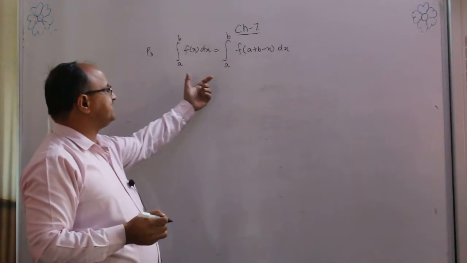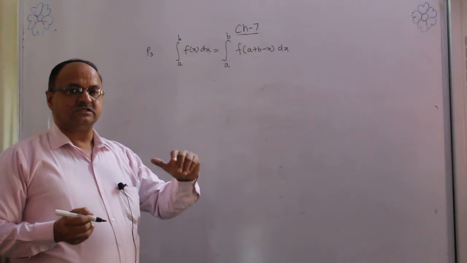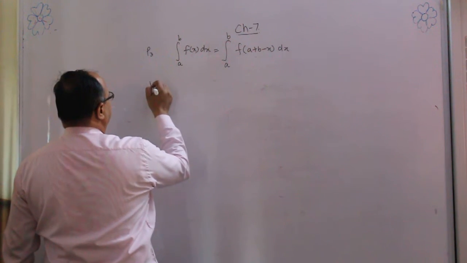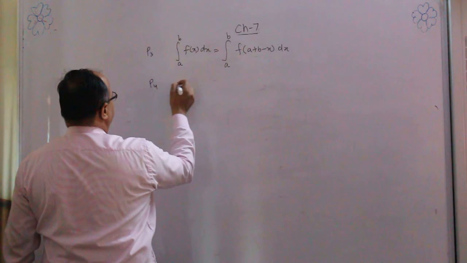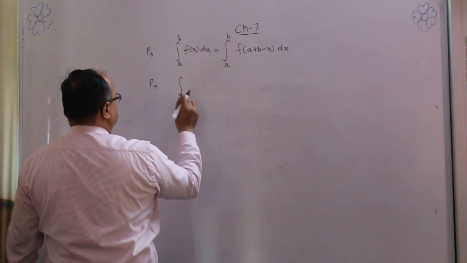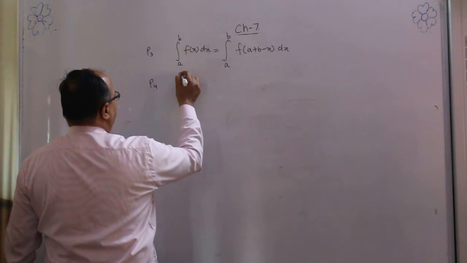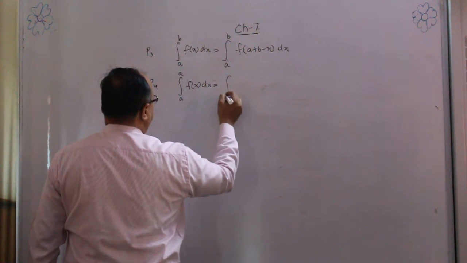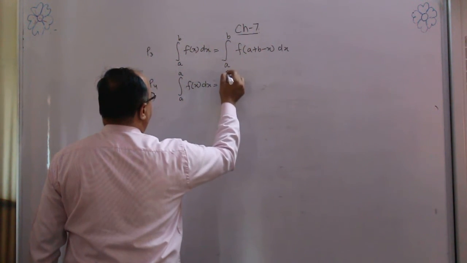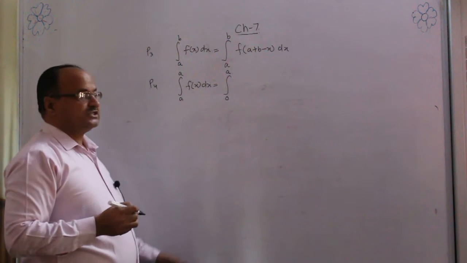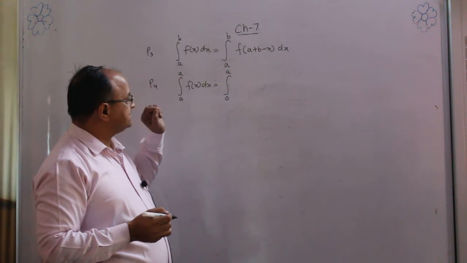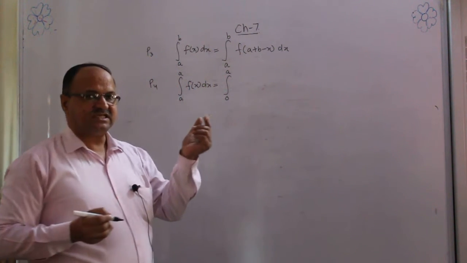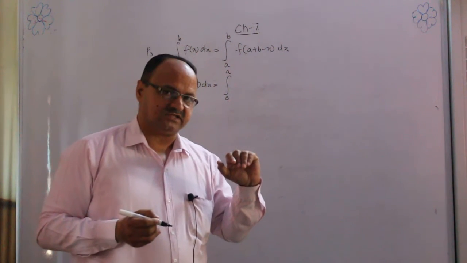And with the help of this property, you can find P4. P4 is the sub property of P3: integration 0 to a f of x dx. According to property number third, can you tell me x is replaced by what?